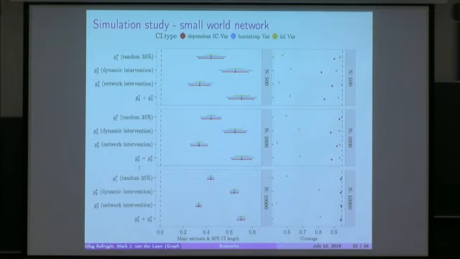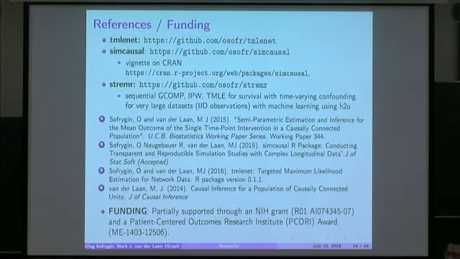The yellow dots are the variance estimators that assume the data is IID, and the sample size increases from 500 to 10,000, and different estimates are different parameters. We're doing stochastic intervention, dynamic intervention, network intervention, or a combination of these, and basically we're seeing that it's really bad if you ignore the dependence, and that's my conclusion.